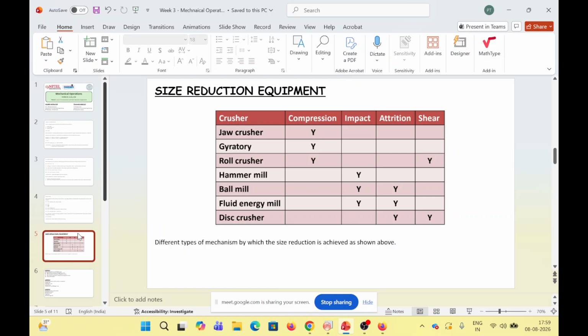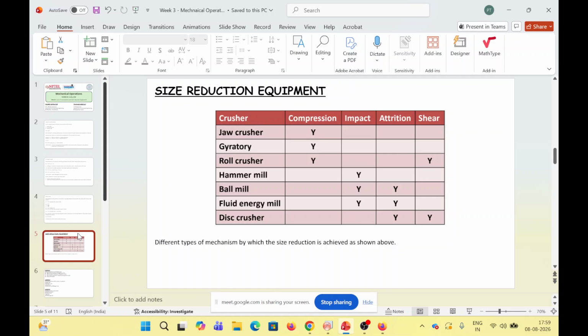For different kinds of particles that you require, you need to choose a different type of crusher or size reduction equipment, and also you need to understand the basic working principle and mechanism behind these equipments, so that you can understand what particle size and what shape you can expect.